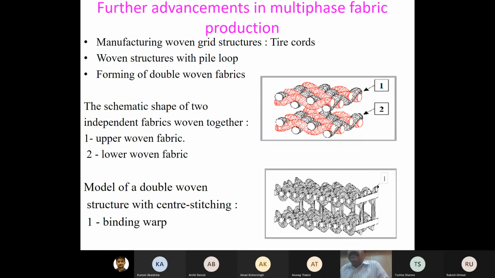With multiphase weaving, if you recall what we discussed last class, you cannot really make a fabric with high cover, meaning a fabric with very heavy thread density. That's the reason why this technology is used mainly to make grid structures, where the thread spacing is very low.